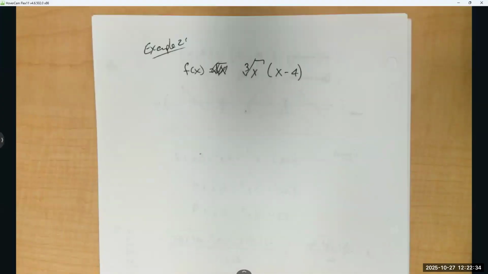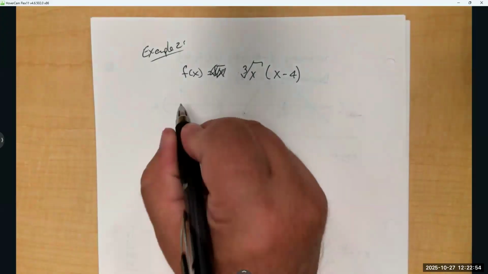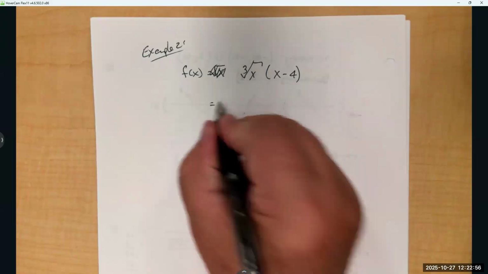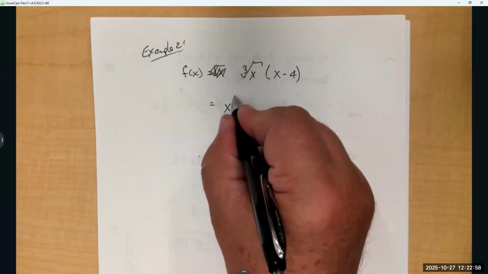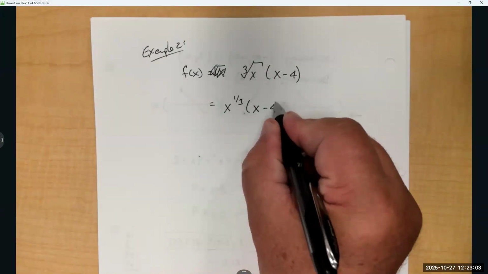So find me where it's increasing, decreasing. The first thing we want to do is rewrite this one as x to the power 1/3, x minus 4.